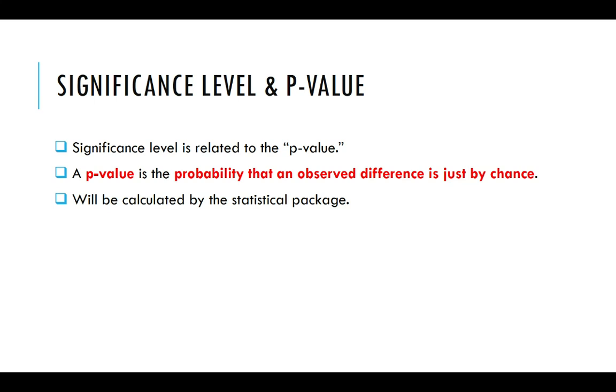And that p-value is going to be calculated by your statistical package. So it's based on your data and it's part of your output. So we're going to get p-values when we actually run the tests on the computer, and I'm going to show you some sample examples.